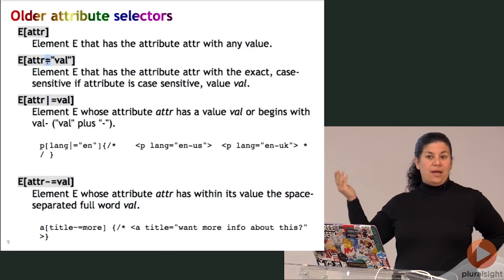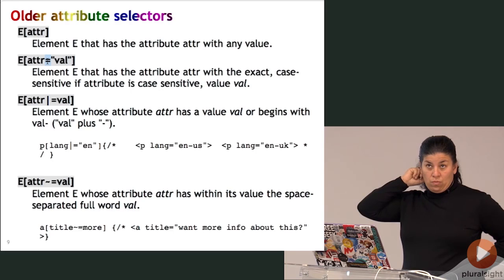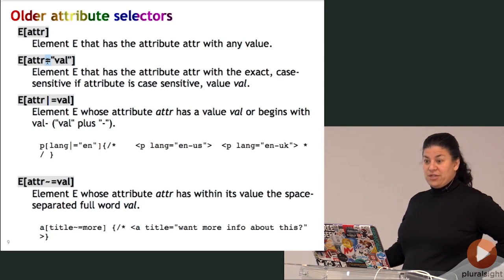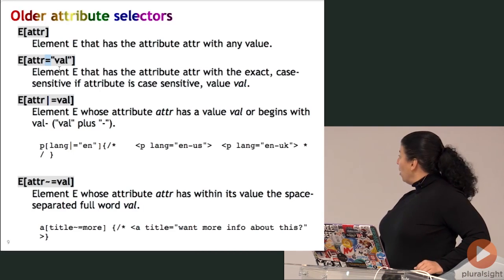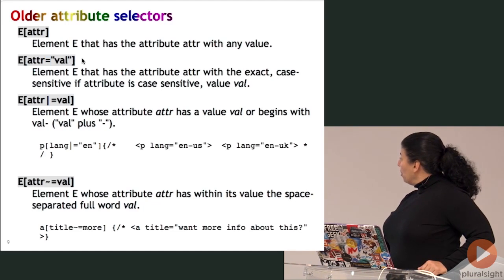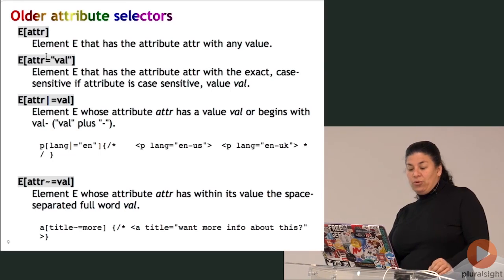And why would you use class equals? You would use class equals basically so IE6, which I said I wouldn't talk about, doesn't get hit. It's a hack to not hit IE6. So it will match any element E that has the attribute attr with the exact value.